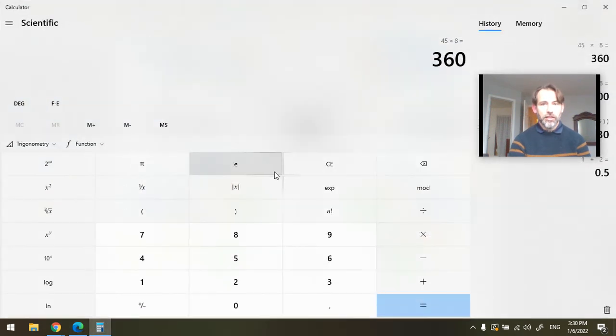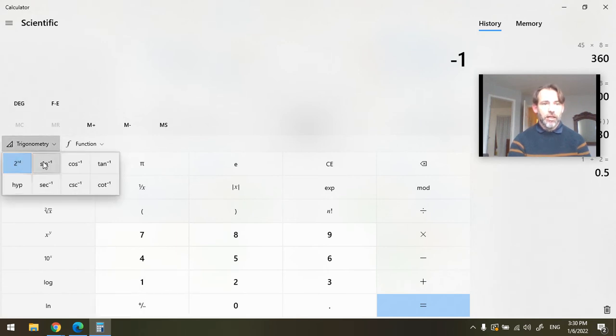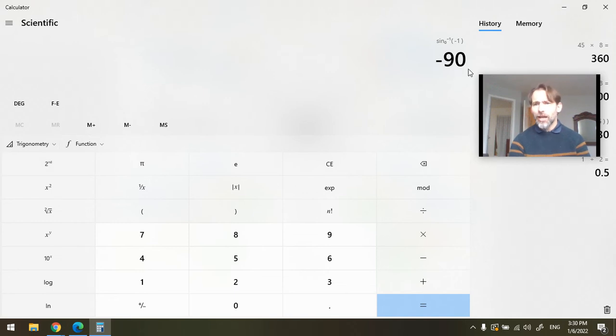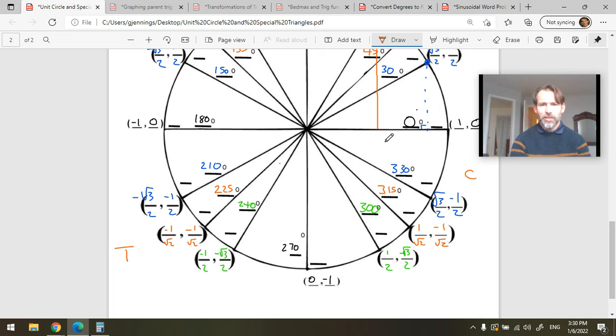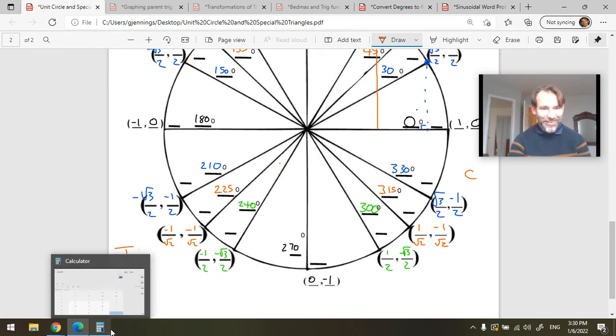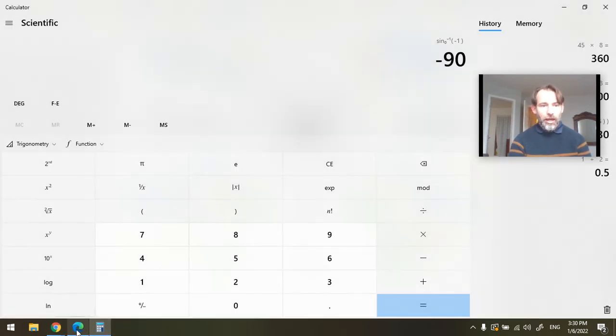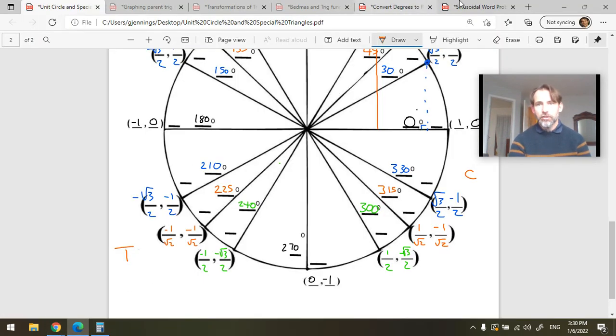Or the way I would do that is I would say, well, I have this number and it's -1, and I want to know what gives me that sine. And it's negative 90. It's not 270. I must have made a mistake. No, of course, that's the same thing. This is negative 90 degrees. Okay, negative 90 is 270. So yeah, when I take the inverse sine of both sides, I was just having trouble finding it.